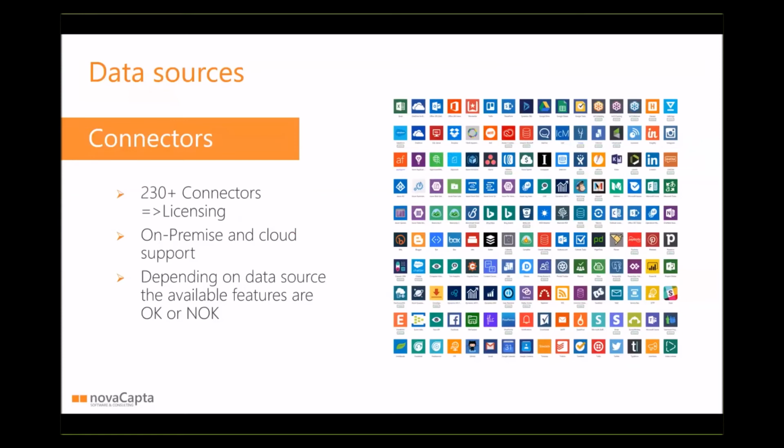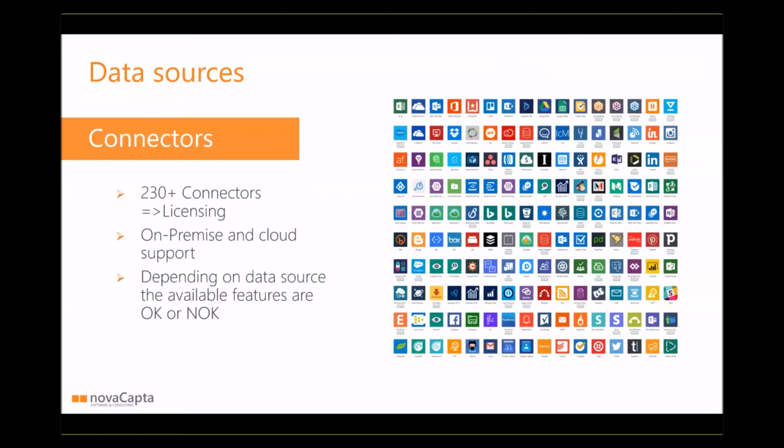And depending on the data source you have, the available features are good or not so good, depending on the connectors. For example, if you use certain connectors, you just have the opportunity to, let's say, create records or read records, but not edit records, for example.